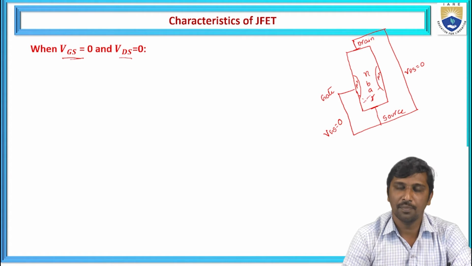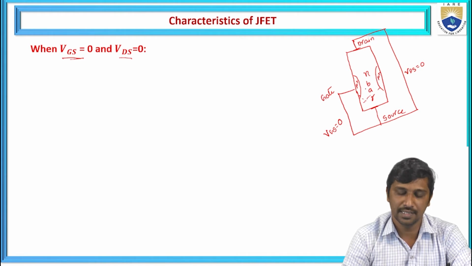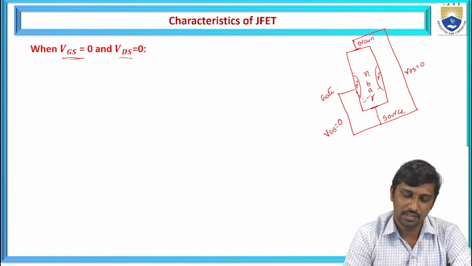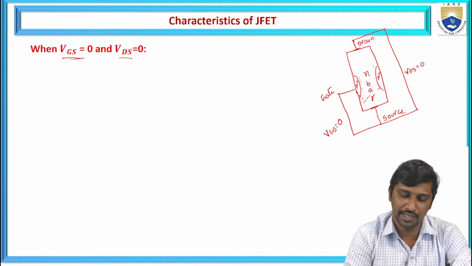Means that we are not applying any force between the drain and the source as well as the gate and the source. Due to this, it forms a depletion layer, internal depletion layers between the P and N junction. Let us assume that a small depletion width is formed between the P and N junctions due to this 0 voltage.